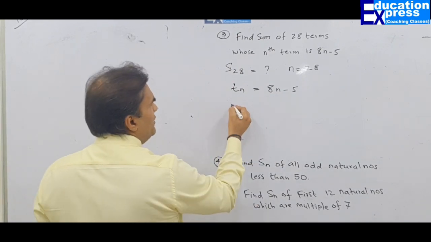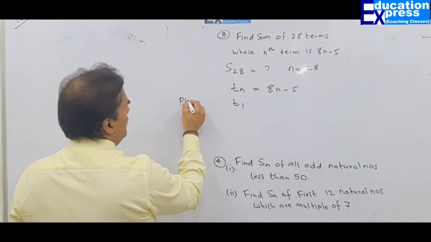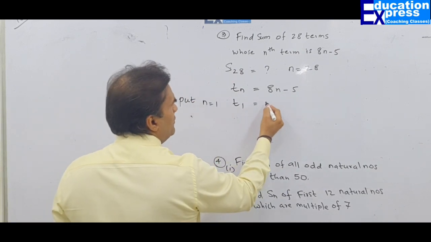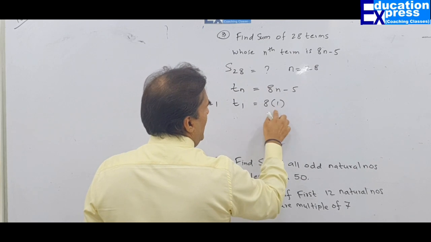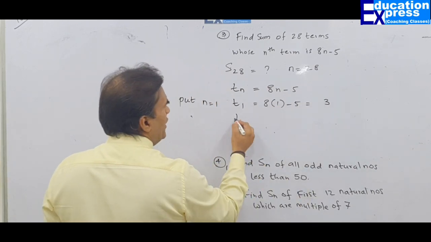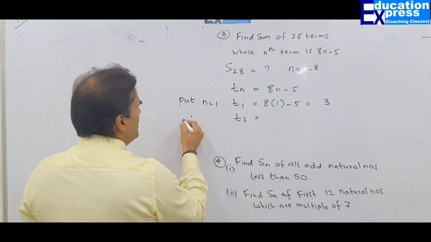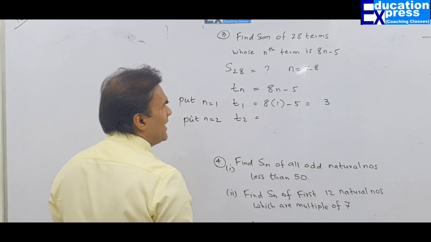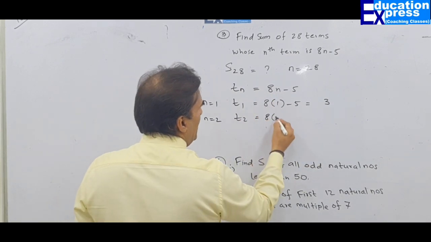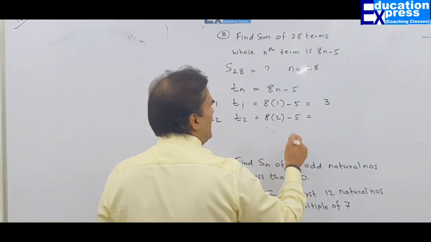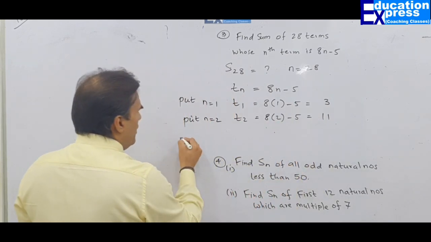So if you are interested in finding out the first term, put n equals to 1. So you get the first term. How so? 8 into 1 minus 5, that's going to be 3. If you want to find out the second term, what do we do? Sir, put n equals to 2 in this, so you will find the second term. 8 multiplied by 2 minus 5. 8 2s are 16, 16 minus 5, 11.